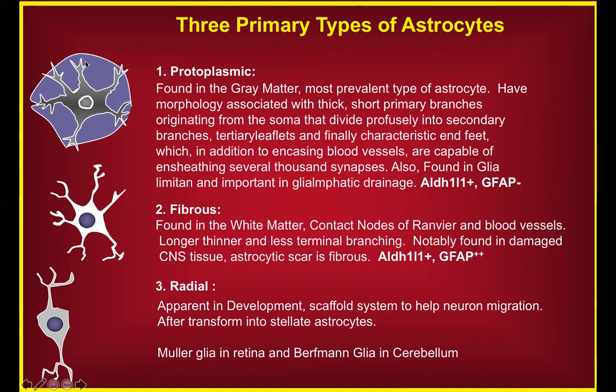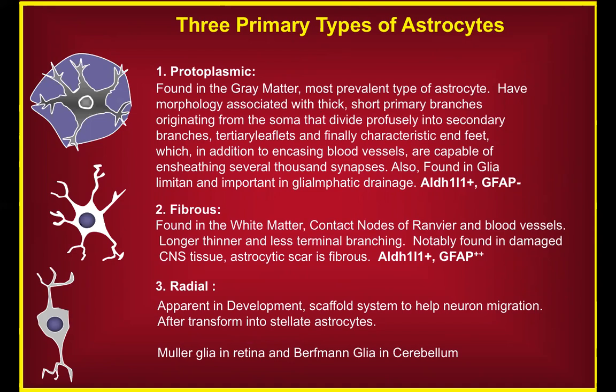They actually have a protoplasm around them, and they have a defined space, but you don't see that with the different labelings. You find most of these protoplasmic astrocytes within the gray matter. It's the most prevalent astrocyte. They have morphology associated with thick, short primary branches originating from the soma, that divide into secondary branches and leaflets.